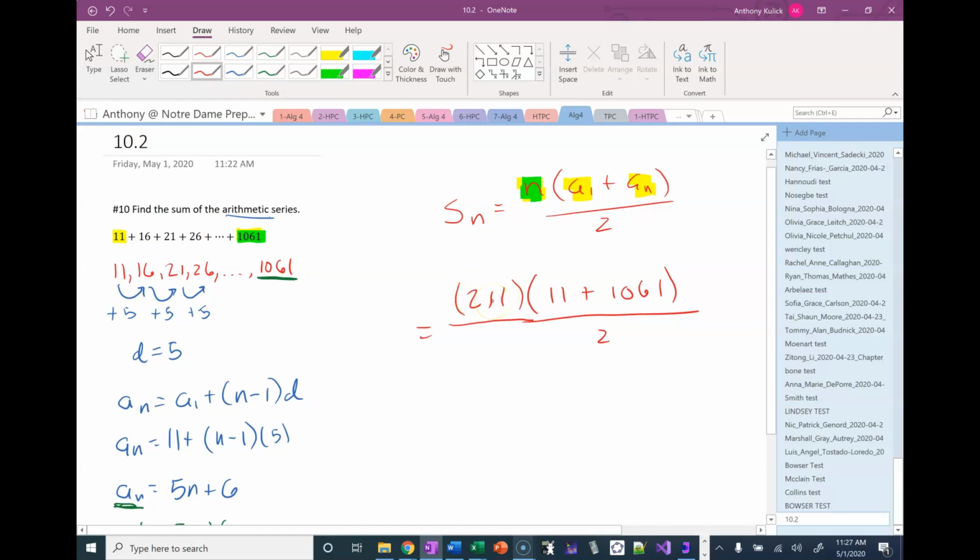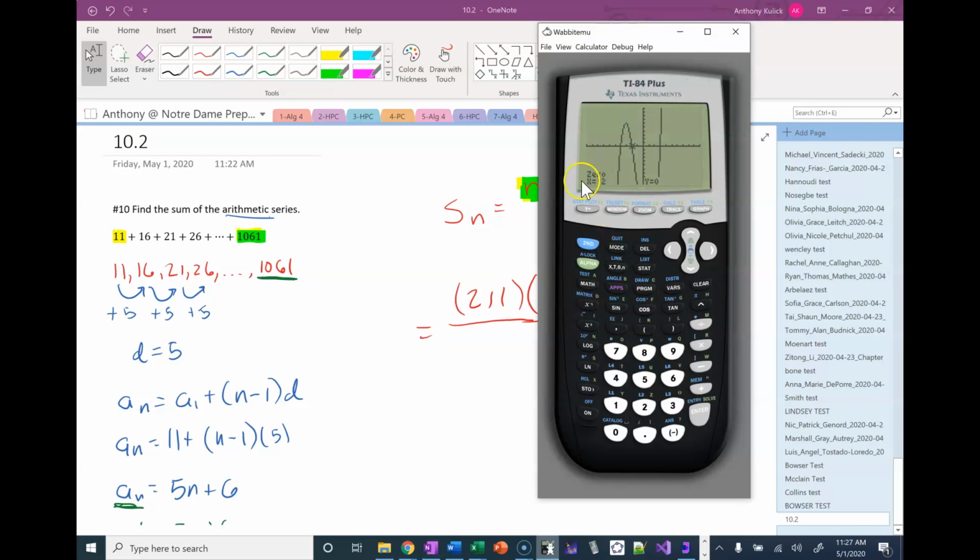So I'm just going to put 211 in, and then type this into my calculator. I'll do the fraction command: 211 times (11 plus 1061) over 2.